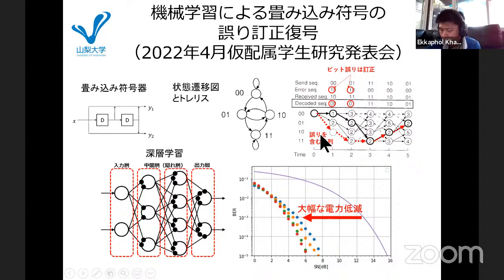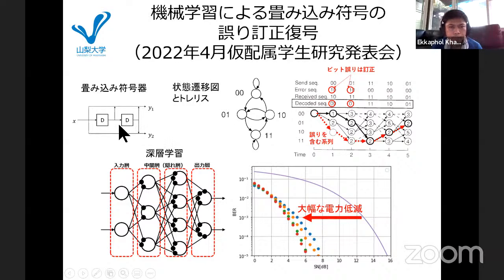This is why we can correct errors of the convolutionally coded signals.